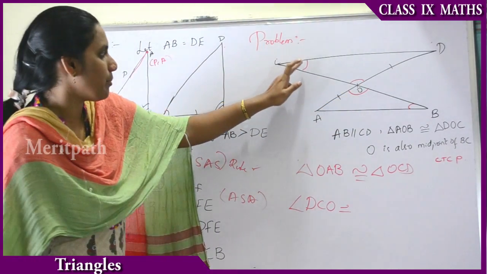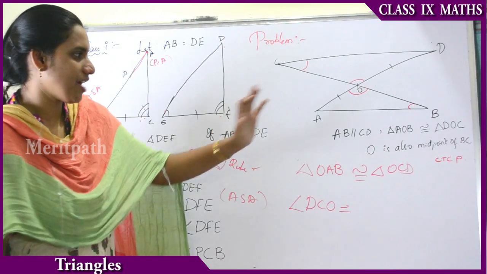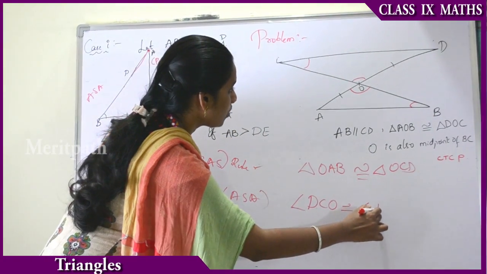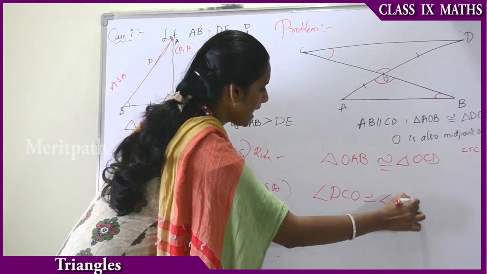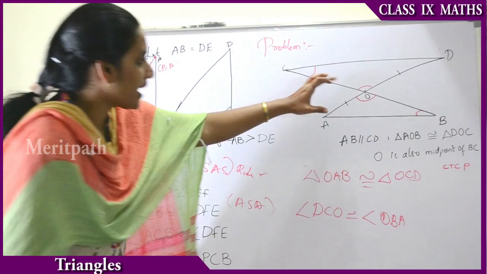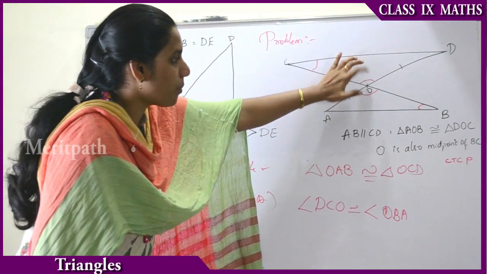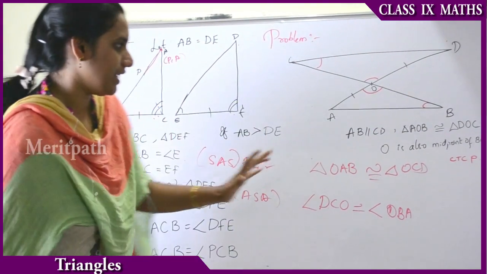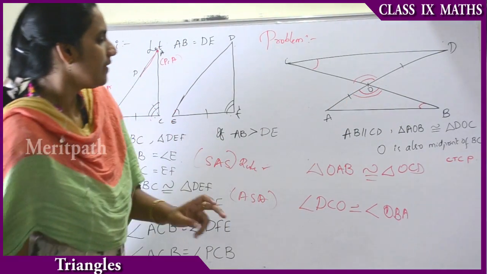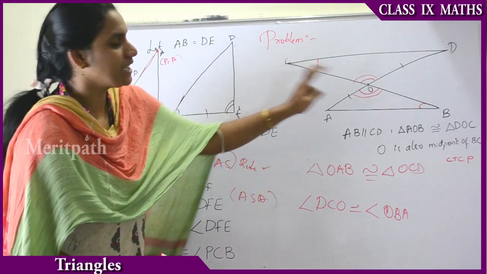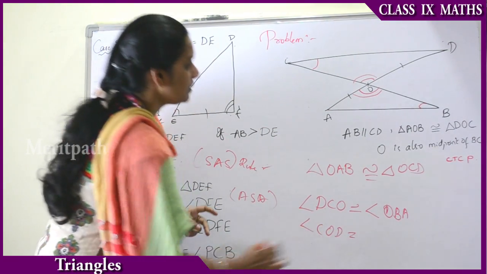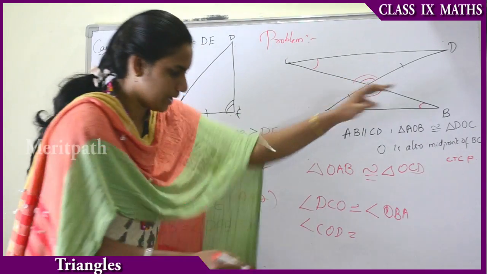We have also already studied that the vertically opposite angles are equal. Therefore, we can say that angle COD is equal to angle AOB.